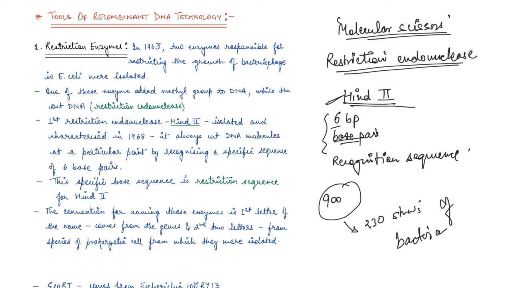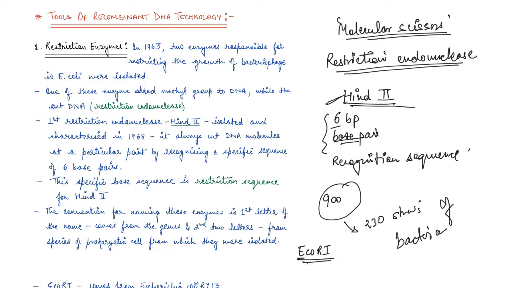The first letter is always of the genus of the bacteria from which it is isolated, and the second and third letters are the species of that bacteria. For example, take the enzyme EcoRI.